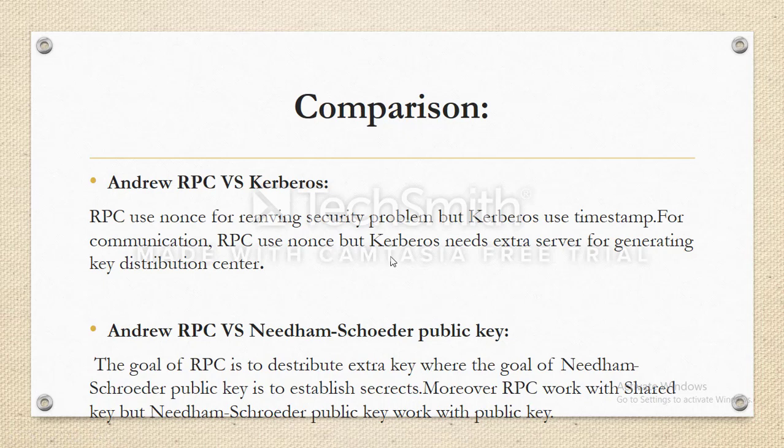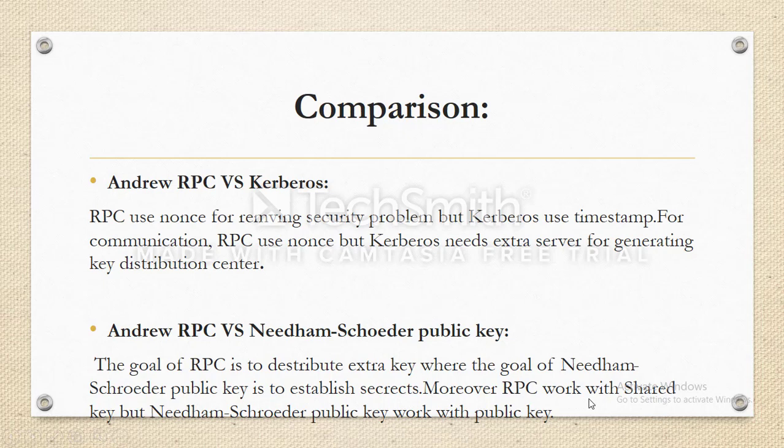So we can understand that the RPC system is more unique than Kerberos because it doesn't need anything else to generate keys. After that we will see a comparison between RPC and the Needham-Schroeder public key protocol. The goal of RPC is to distribute a new key, whereas the goal of Needham-Schroeder public key is to establish secrets.